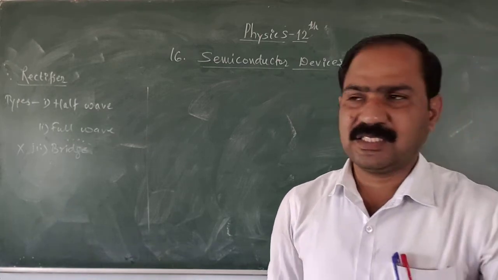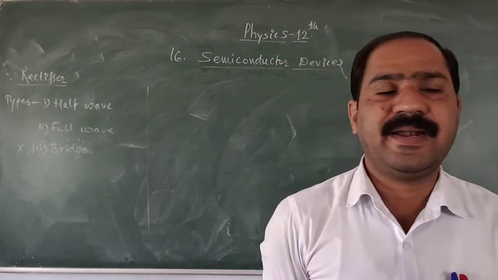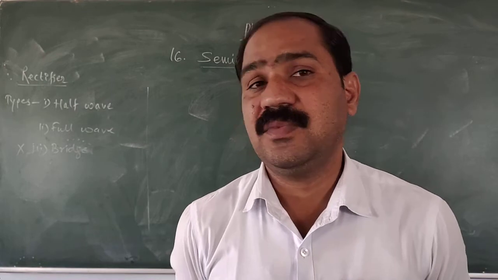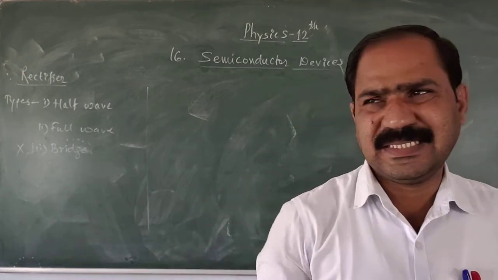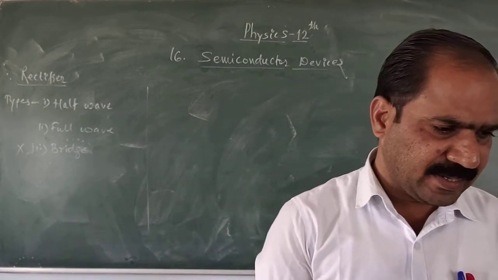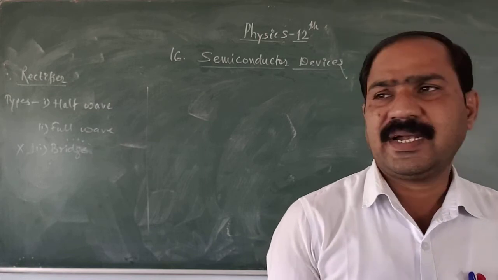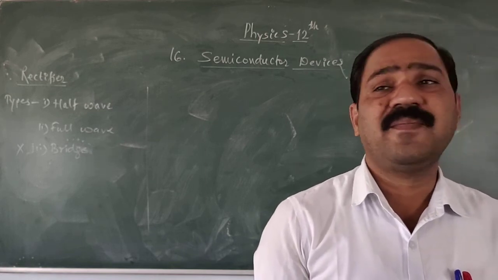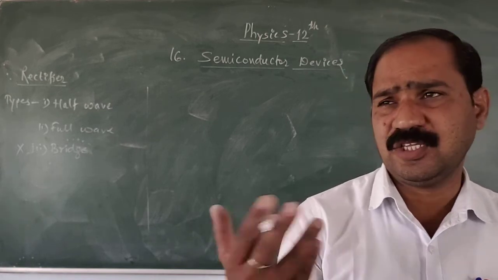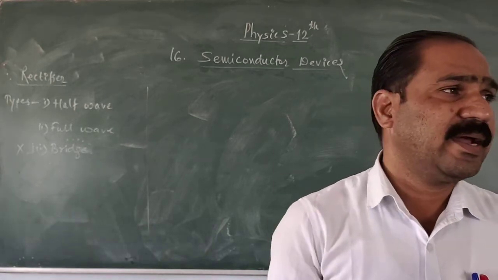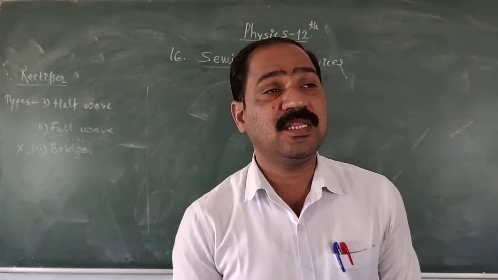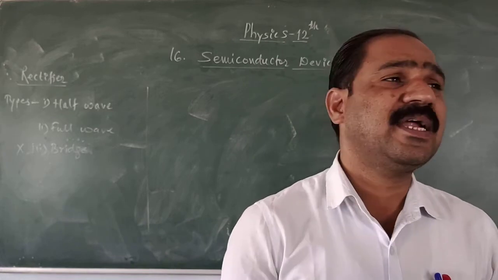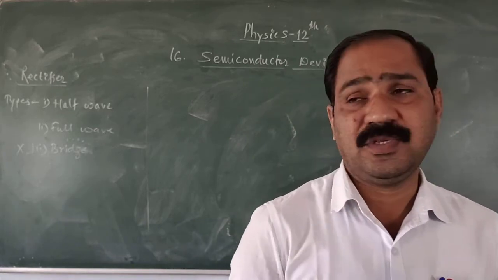In the last standard, the 11th standard, we discussed the phenomenon of the semiconductor. What type of semiconductor material we have: germanium and silicon. We derived the electronic configuration, the p-type semiconductor and the n-type semiconductor. After that we studied diodes also.